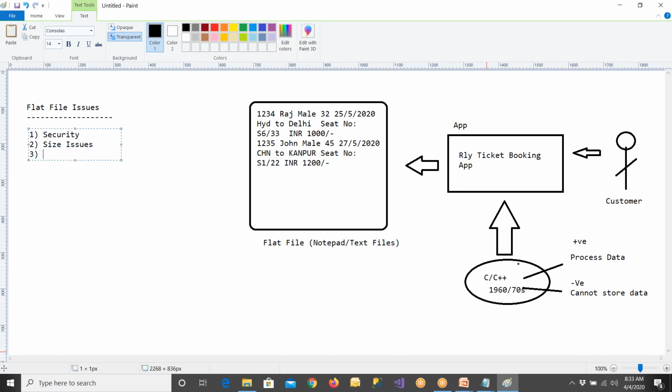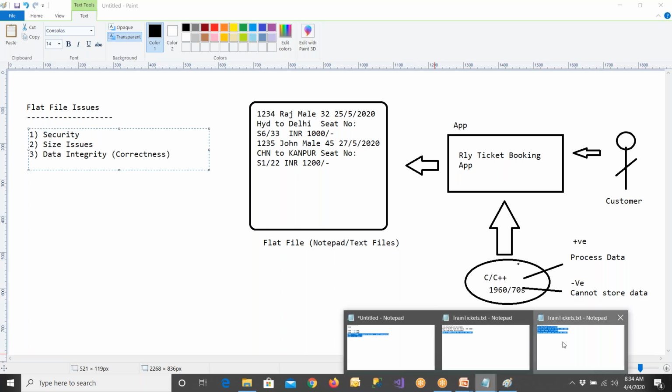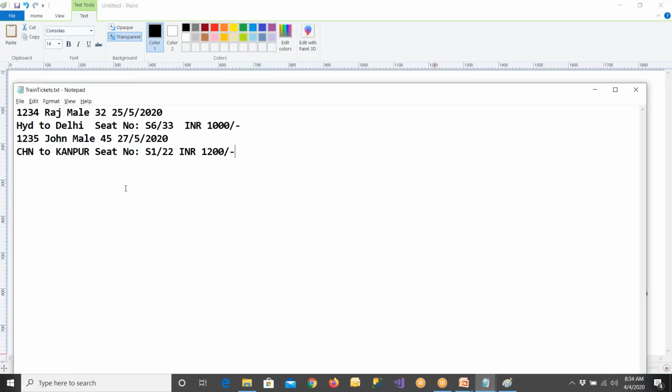Am I clear? Then, a lot of data integrity issues. What do you mean by integrity? Integrity means correctness, honesty. So data integrity has to be there. If I go to this data, with no proper security, anybody can tamper the data. Raj is supposed to be male, but somebody entered this as ABC. Can we have ABC as a gender?